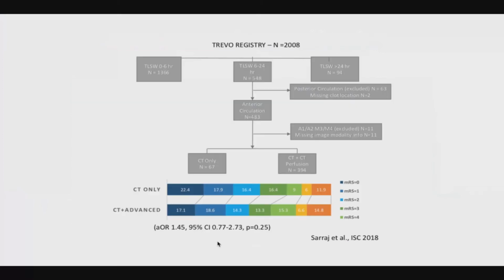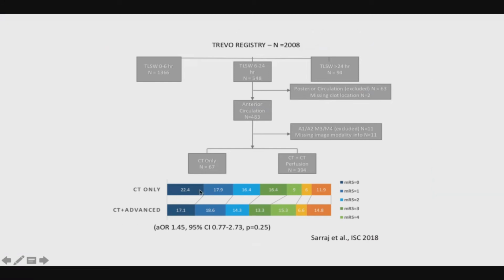This is from the TREVO registry that came out last year, and this was started several years ago. This is more real world data, and you can see patients who were selected based on CT alone compared to patients who were selected on CT plus advanced imaging techniques.